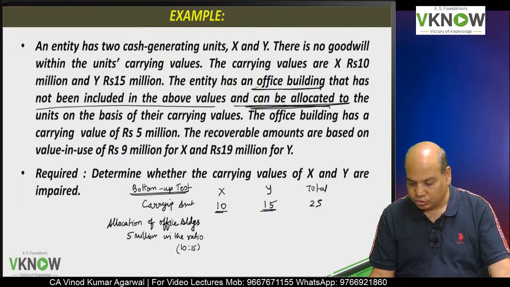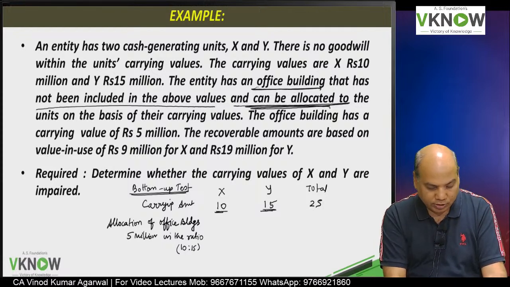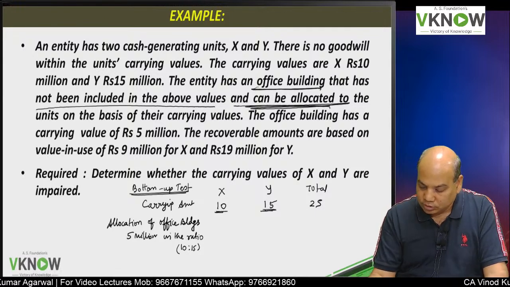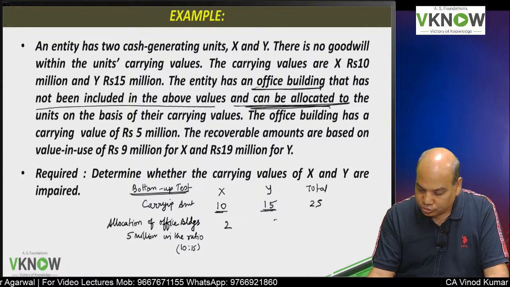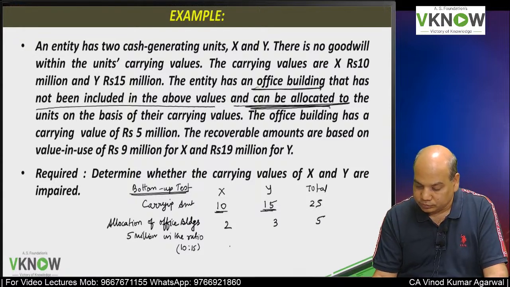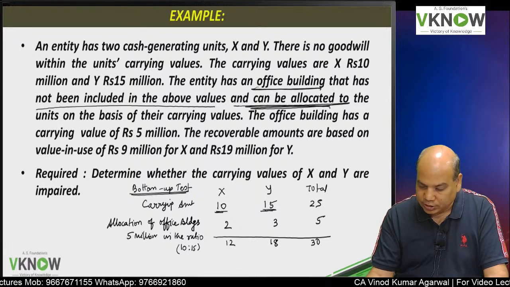Please allocate 5 in the ratio of 10:15, that is 2:3. So 2 and 3, 5. Now my totals are 12, 18, 30.